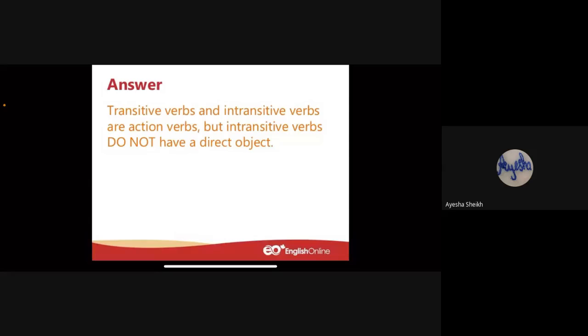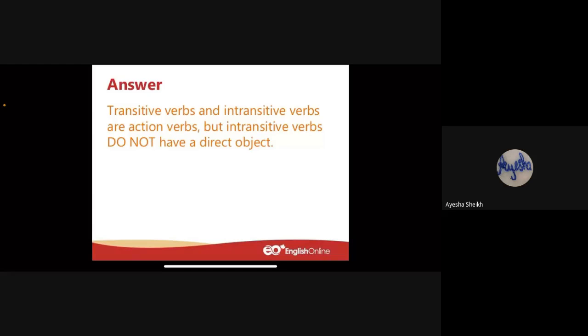For example, I am playing Ludo. What is the subject, verb, and object? Playing is an action word.